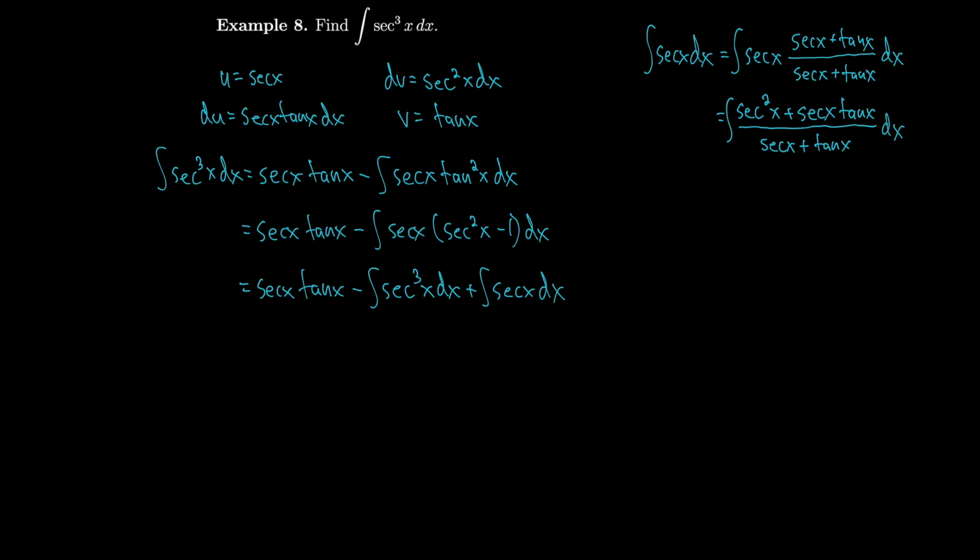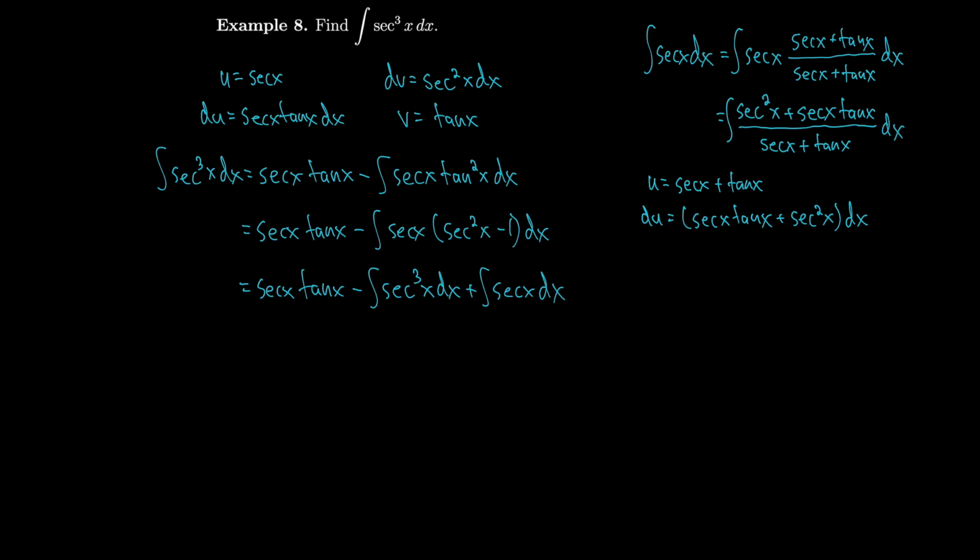And now I just do a u substitution. Let u equal secant plus tangent. So then du is equal to secant tangent as a derivative for secant, and then secant squared for the derivative of tangent.